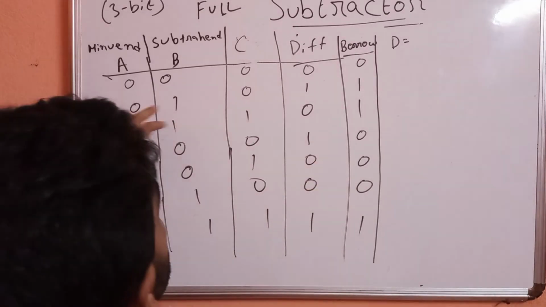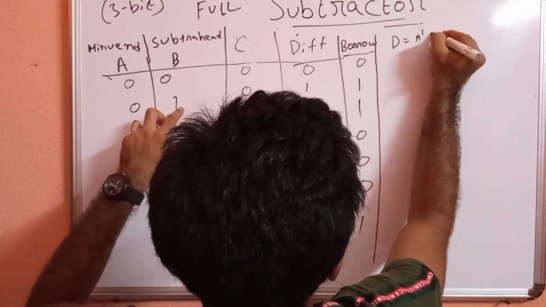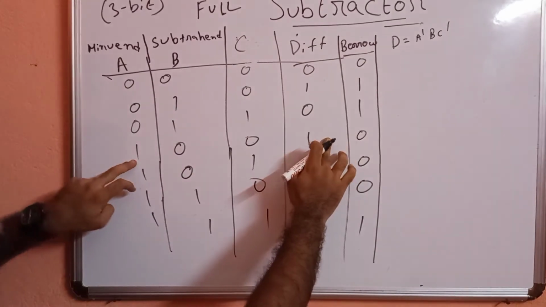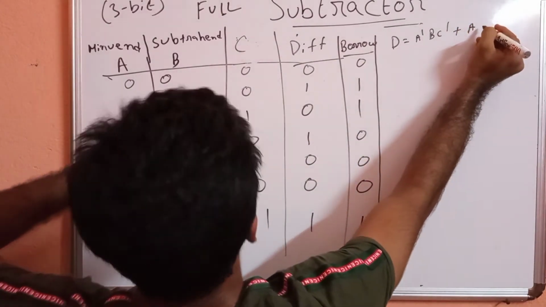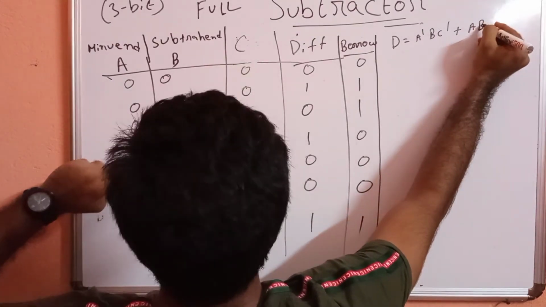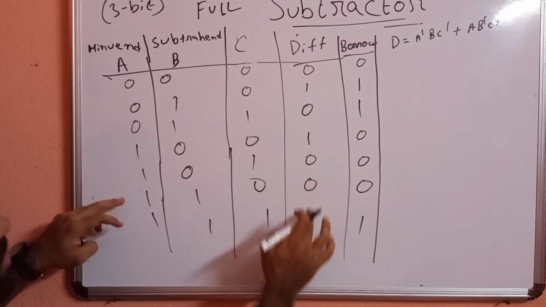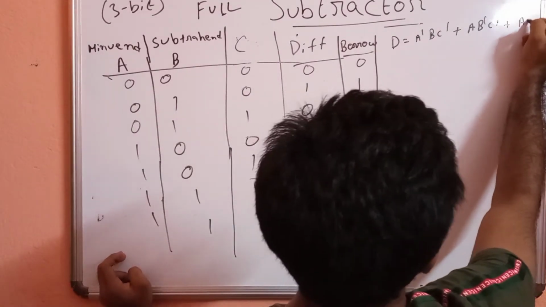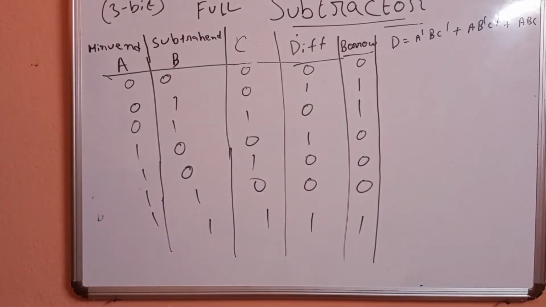For 1, it will be A dash, B dash, C. For 3, it will be A dash, B, C. Plus for 4, A, B dash, C dash. For 7, it will be A, B, C. Right? Am I right?